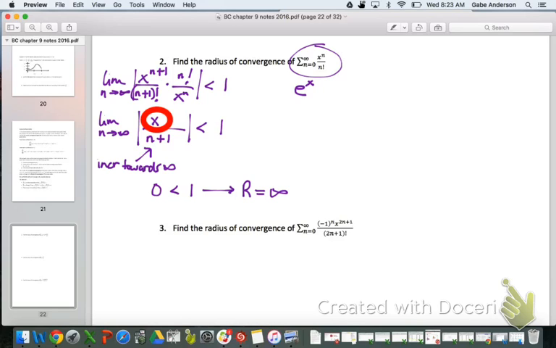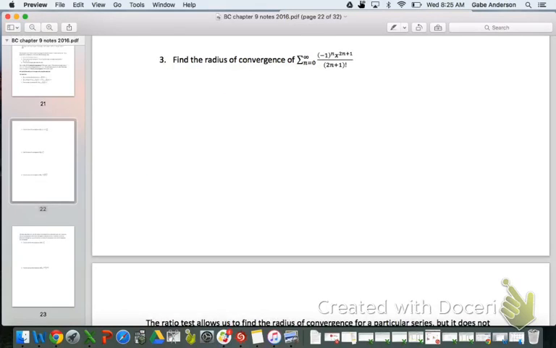Okay, let's take a look at number 3. Let's set up that hopefully familiar ratio test. It looks like this: limit as n goes to infinity of the n plus 1th term.